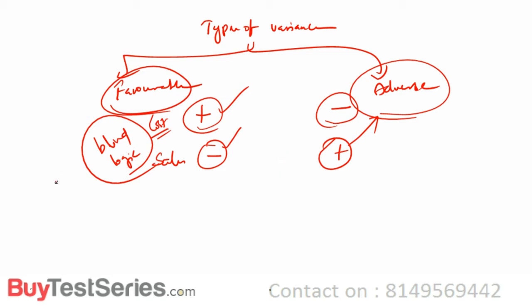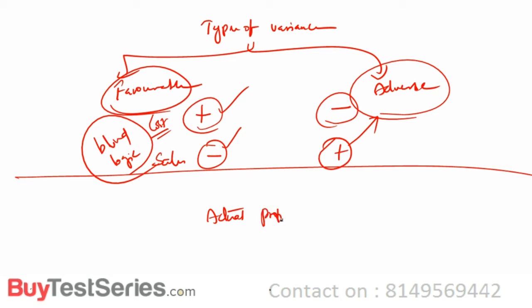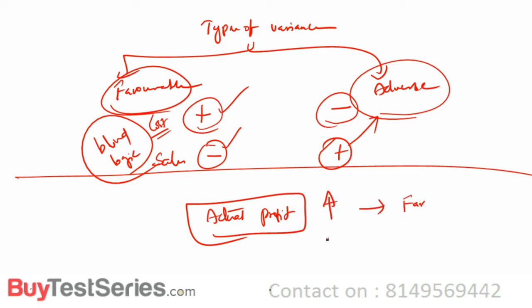Although this blind logic helps you in solving sums, ultimately you need to know the reason why a particular variance is called favorable and why a particular variance is called adverse. Very simple, the logic is with respect to actual profit. Any variance that has the effect of increasing your actual profit will be referred to as favorable variance, and any variance that has the effect of reducing your actual profit will be referred to as adverse variance.